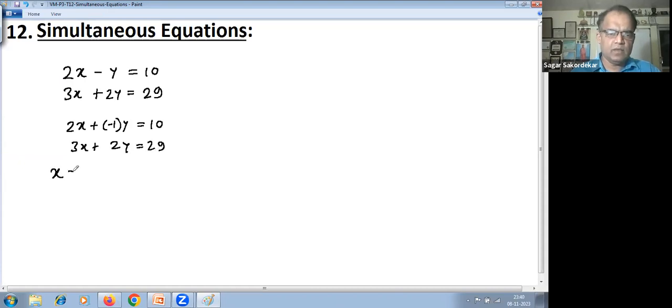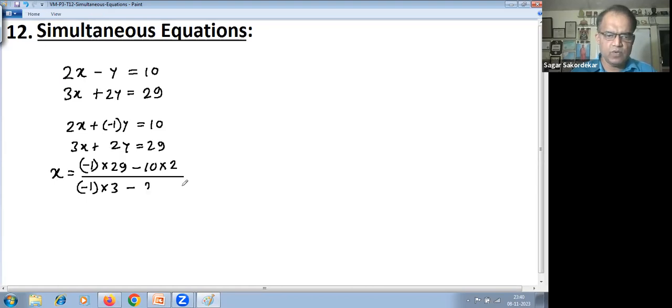So x equal to, this is the center point now, here minus 1 into 29 minus 10 into 2, upon, again start from the same point, minus 1 into 3 minus 2 into 2.